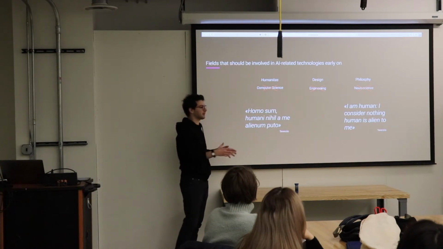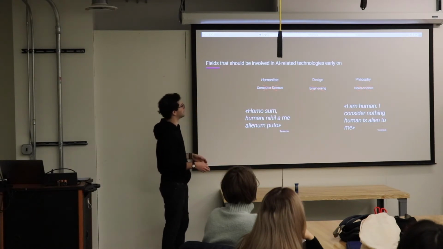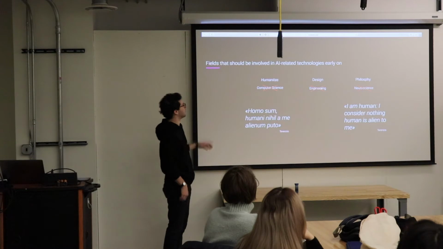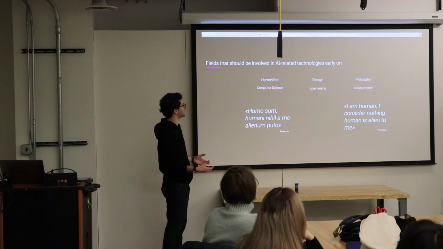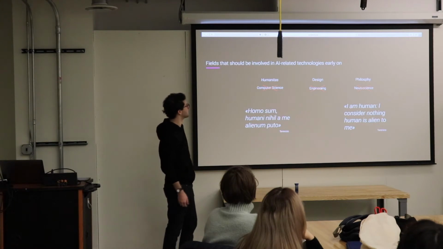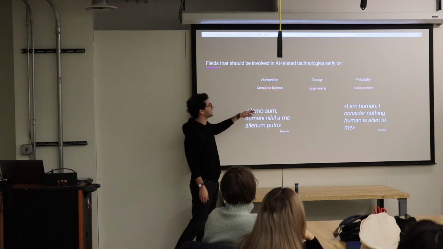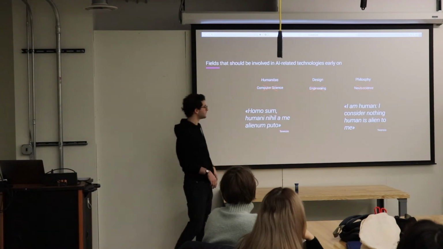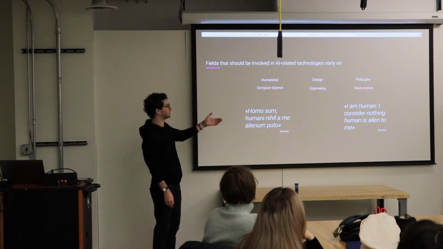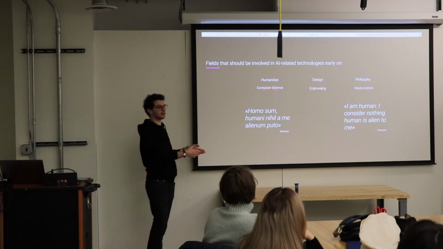They just empower the fields that I want to be involved in AI-related technologies. And we have Humanist, which is the love for humans. The subject is always around the humans. Design and philosophy for the ethics of technology. And as Lorenzo said, I consider nothing human is limited, and I also believe in that mindset.